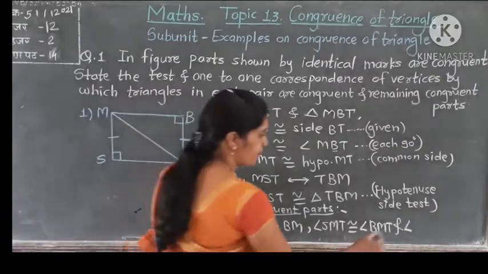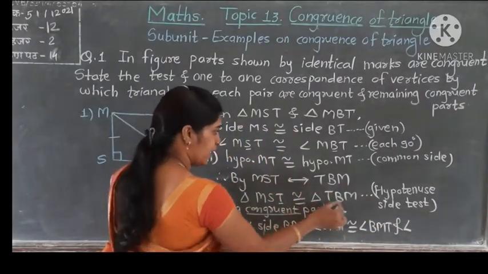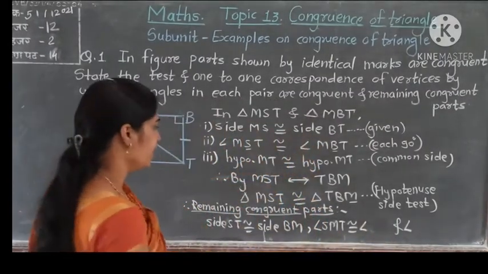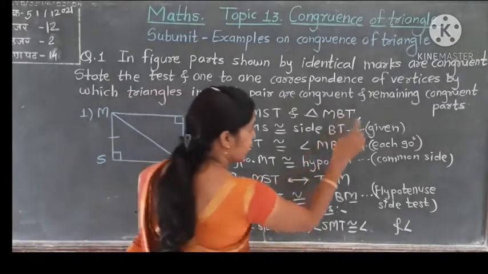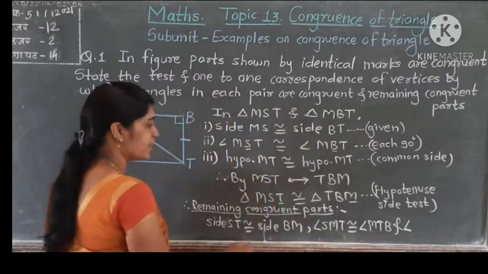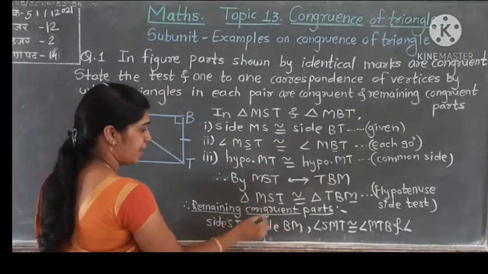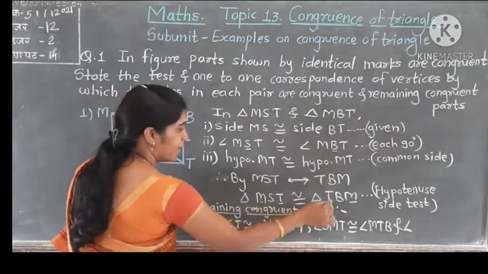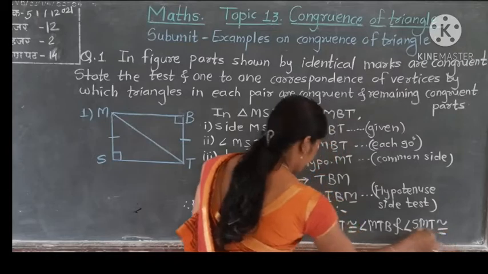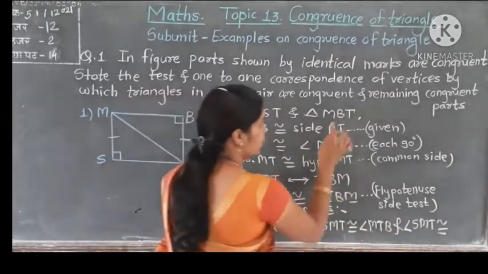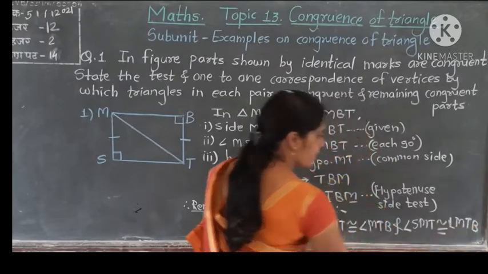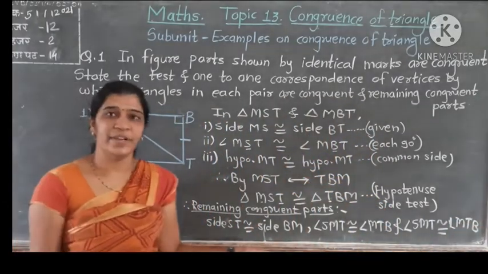Angle STM. We write T as MTB. And the last remaining angles are angle M and angle T. We write M as angle SMT. So these are the remaining parts.